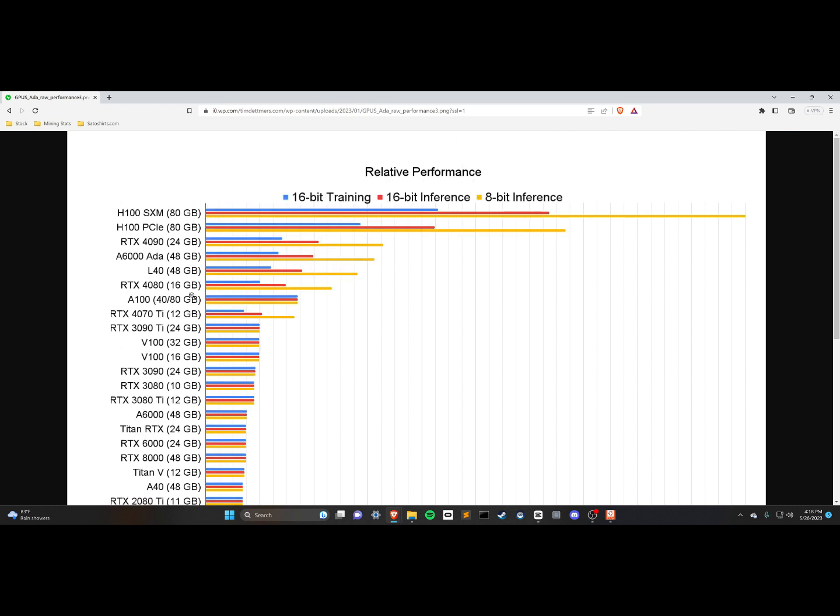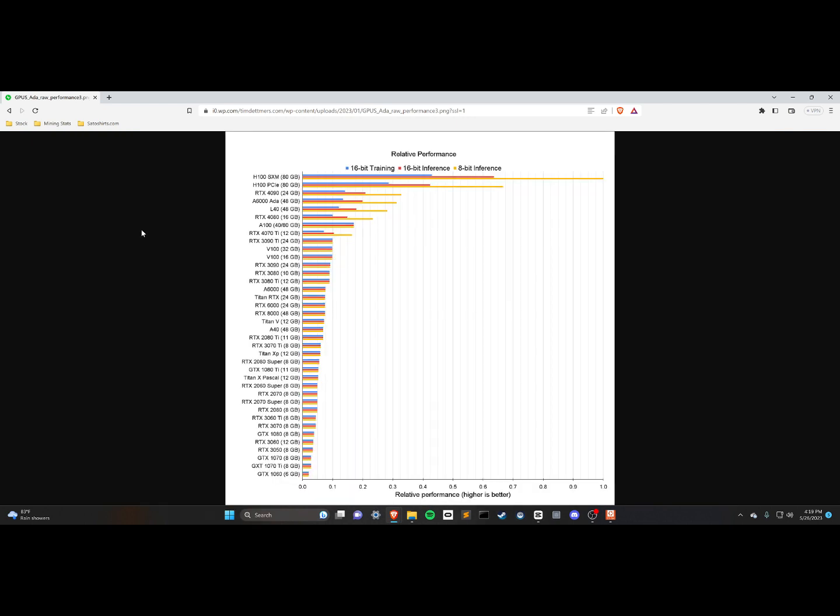Then you start to notice that the Ada Lovelace, I think, is going to have a play into the whole 8-bit, to be honest with you, because it seems like all the 40 series cards are up around there.